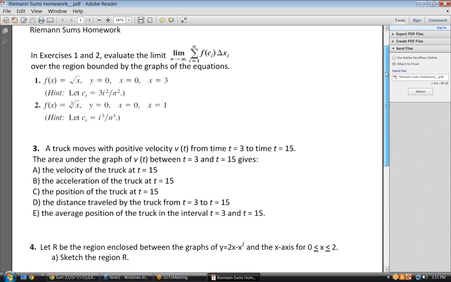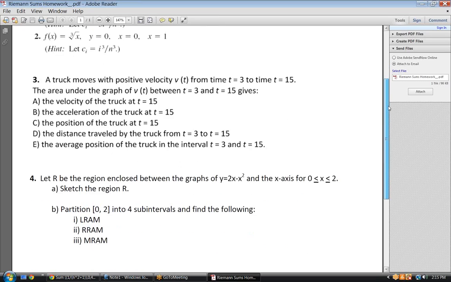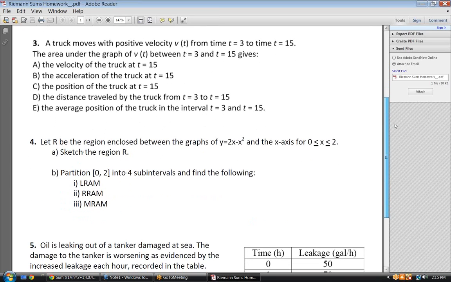And let's put off 1 and 2 for just a moment. Let's continue on with this concept of left RAM, right RAM, mid RAM on questions 3, 4, and 5, and then if we have time we'll go back and we'll talk about sums and sigma notation, which is the complicated part. That's the part that makes it seem complicated.